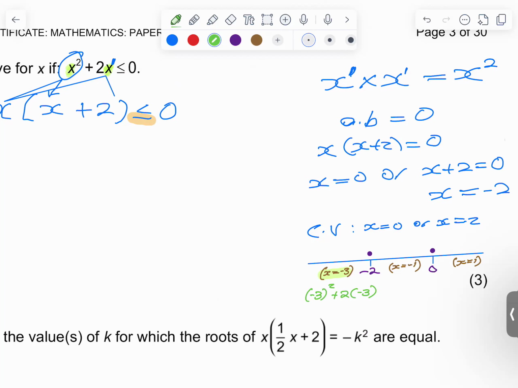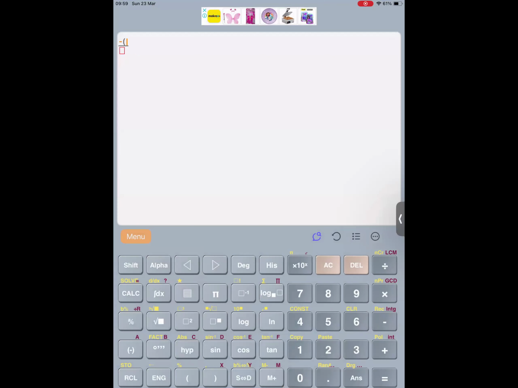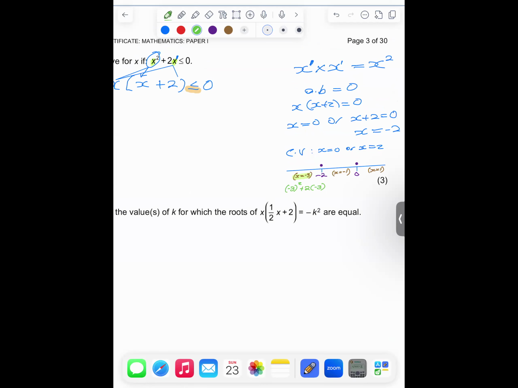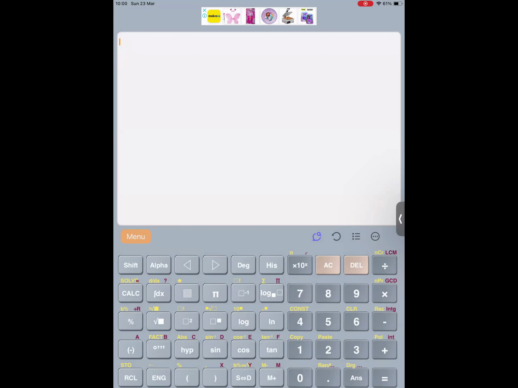What do we get? So we've got brackets, -3, close brackets, raise it to the exponent of 2, then plus 2, brackets, -3, then close brackets.